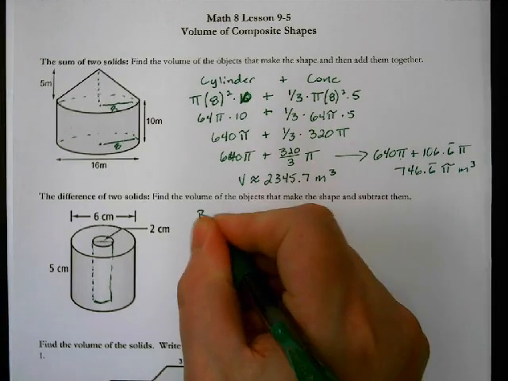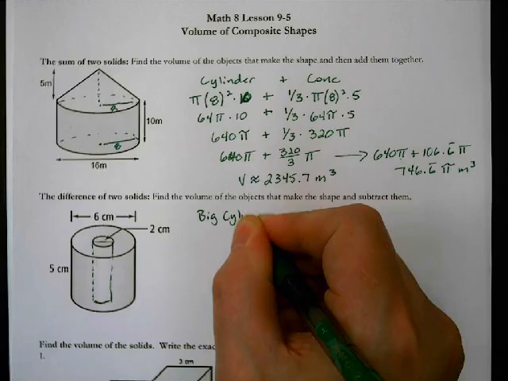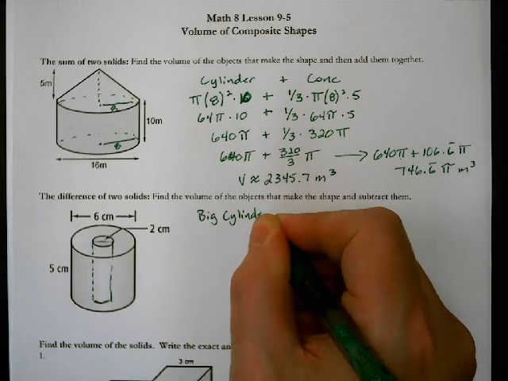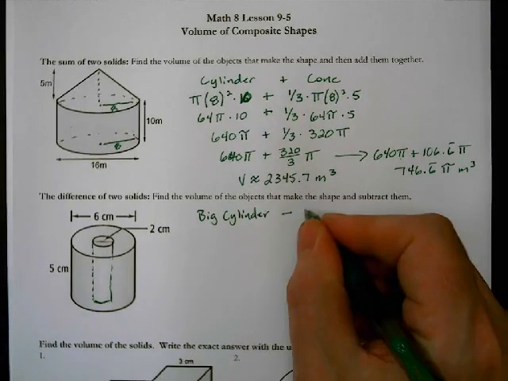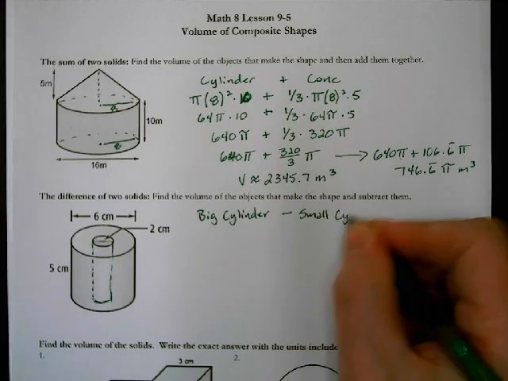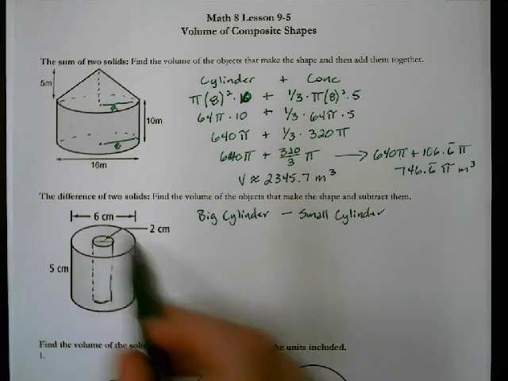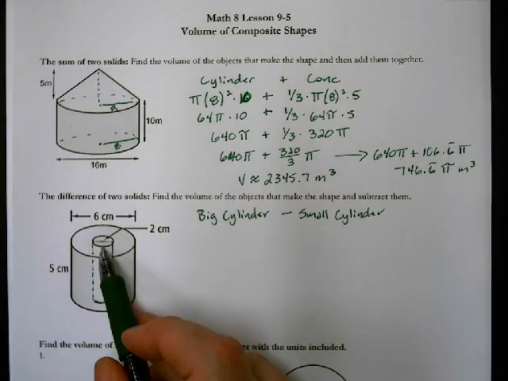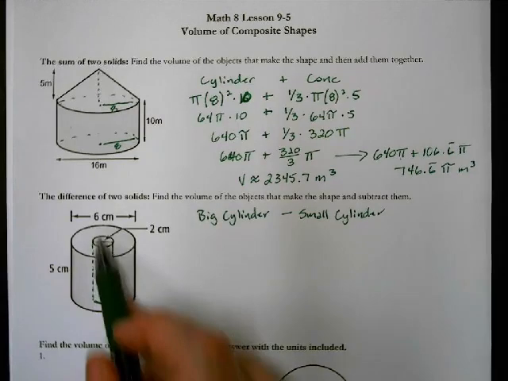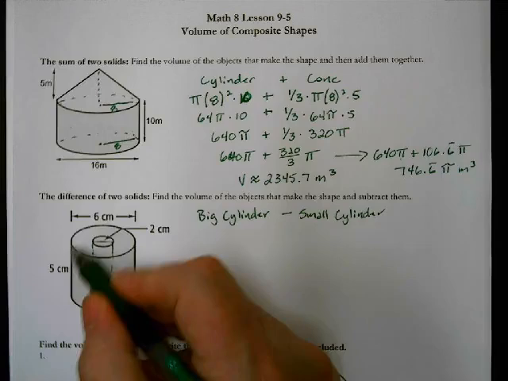The big cylinder is everything, but then there's a hole in it, so we're going to subtract that hole, which would be the smaller cylinder inside there. They're both going to have a height of 5.